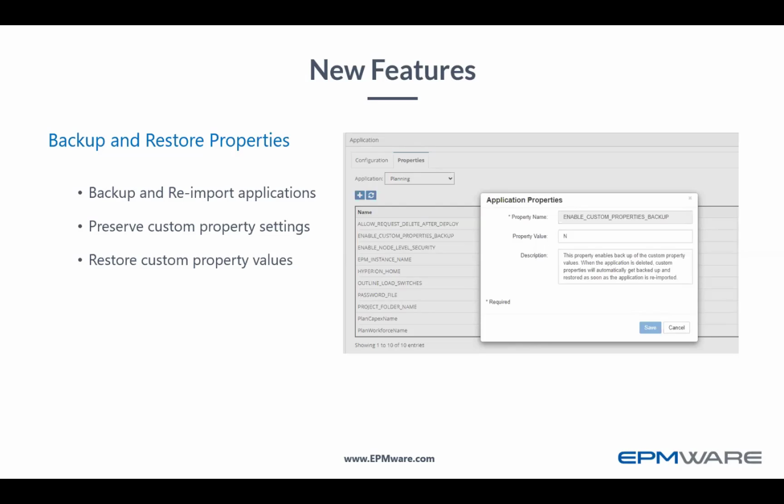So what this allows you to do is you can go ahead and delete the app if the setting is on yes, where you want to preserve the properties or enable the custom property backup. Then when you re-import the app, it automatically saves the backup of all of your custom configurations for the properties and the values, and it'll just re-import the metadata, and then you have a clean copy of your metadata, but you don't have to do any rework with the property settings.